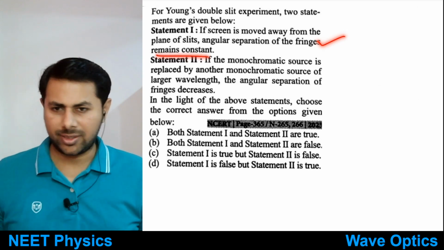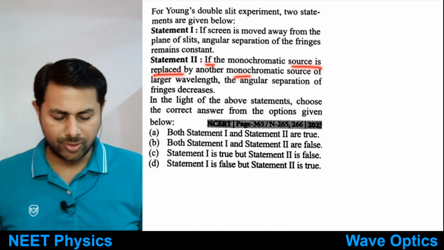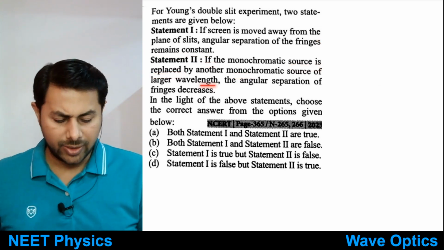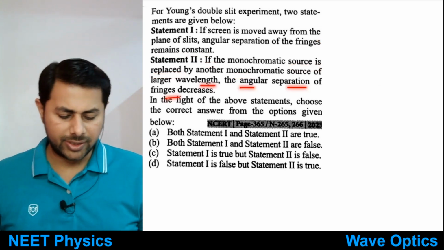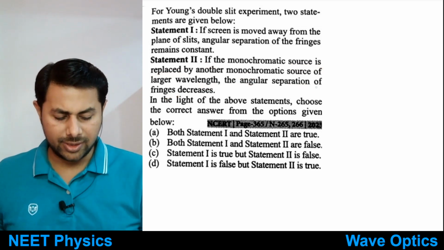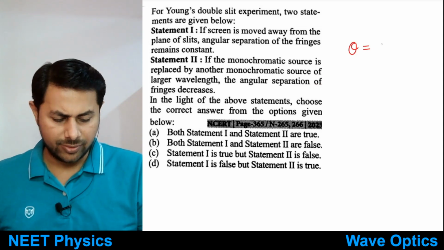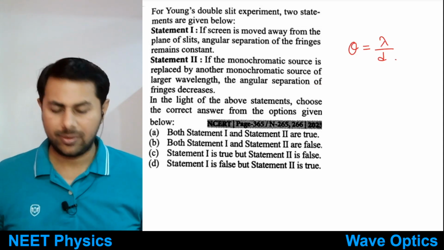Then, if the monochromatic source is replaced by another monochromatic source of larger wavelength, the angular separation of fringes decreases. Is this one correct? Angular separation theta is equal to lambda divided by small d.